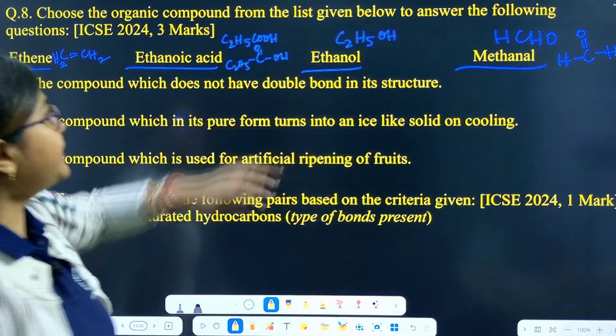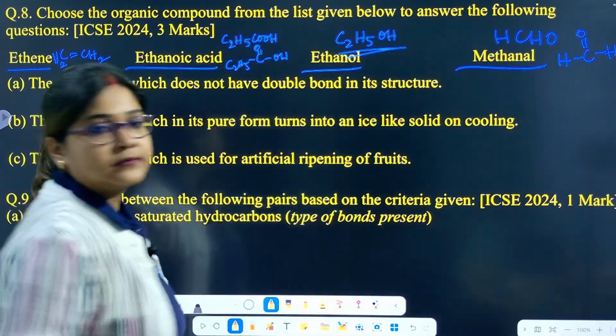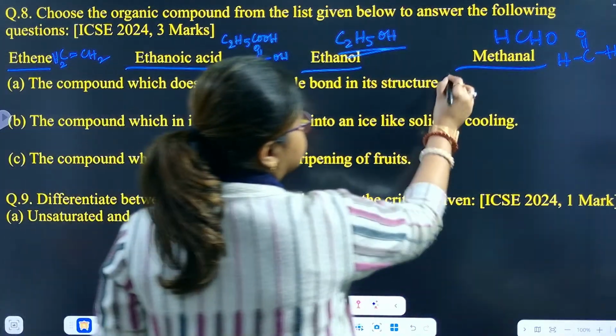Okay, so किस में डबल बॉन्ड नहीं है? इथेनॉल, right?